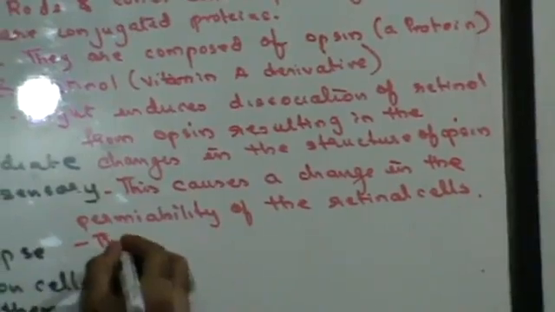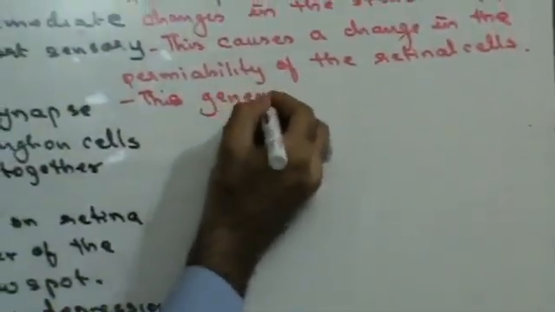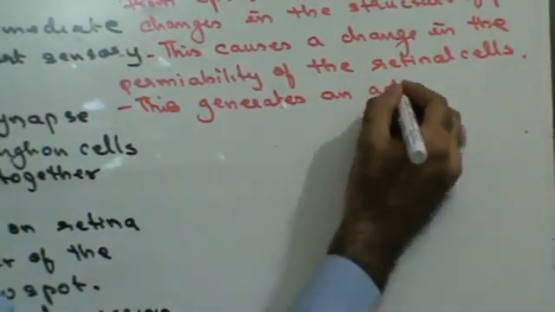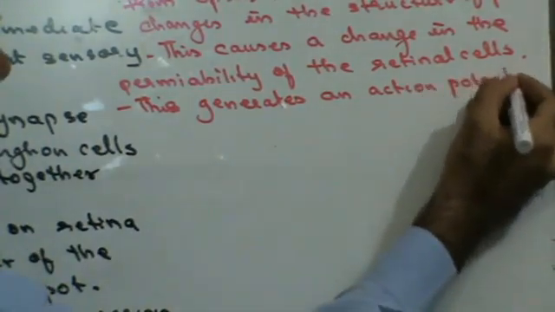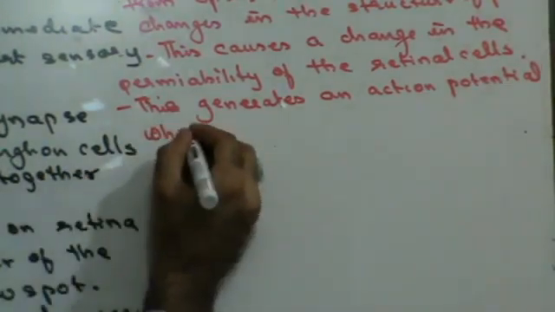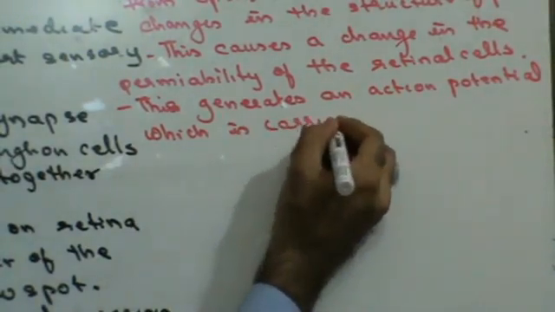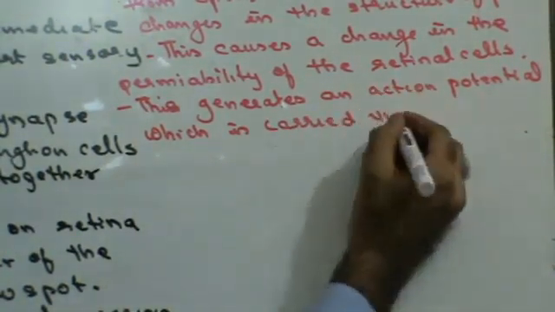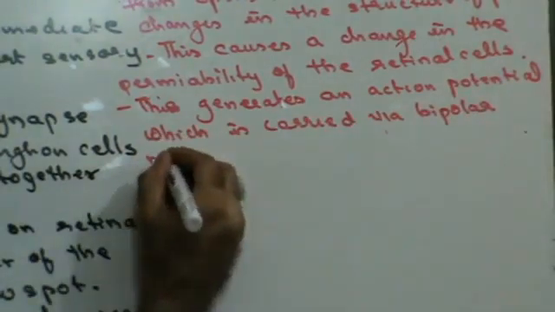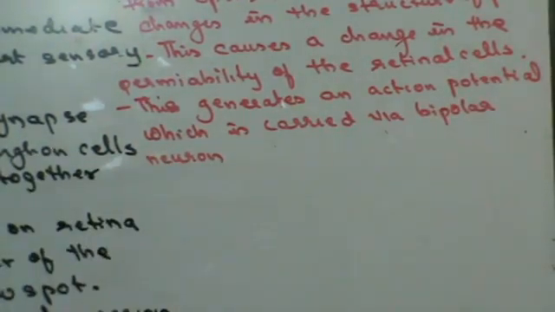This generates an action potential. As a result of this, a certain amount of potential, or very small potential, is generated, which is carried via the bipolar neuron, right?